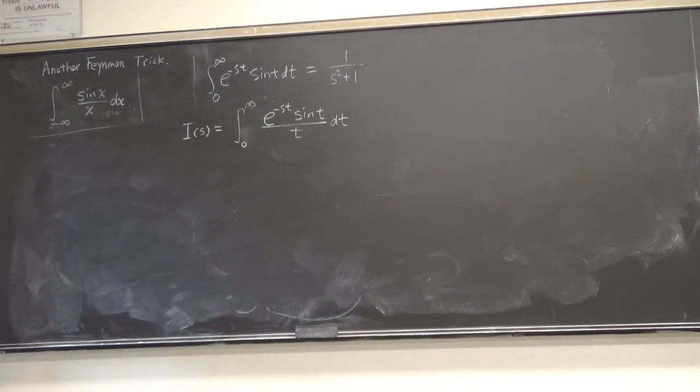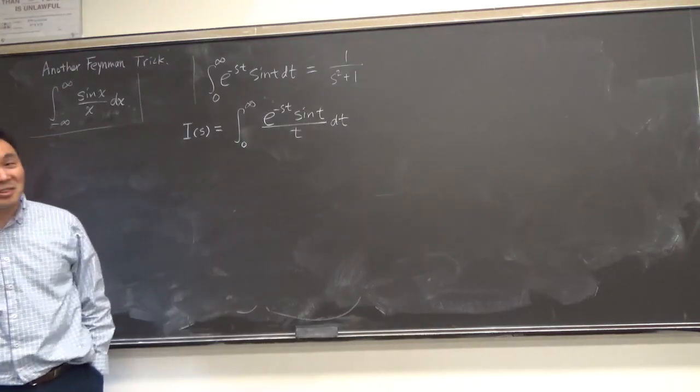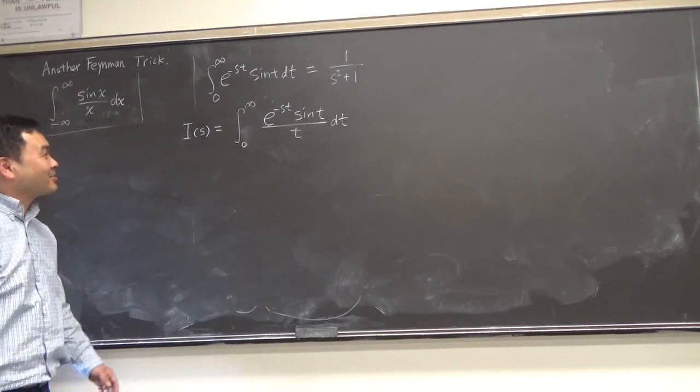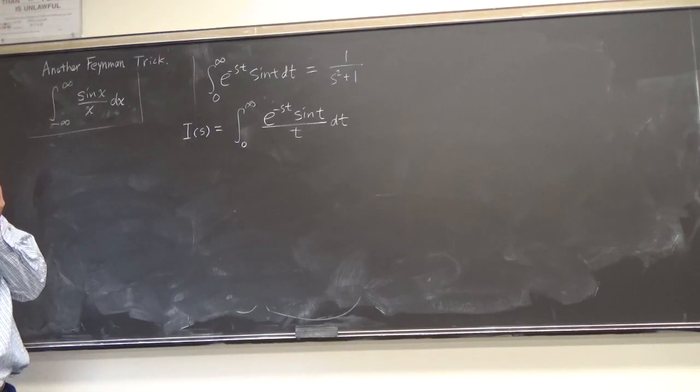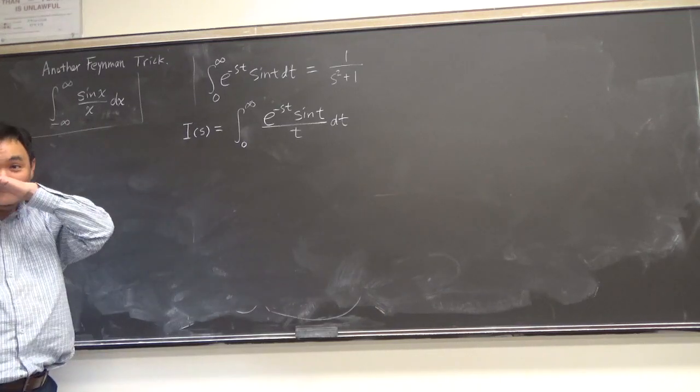I can't imagine who first thought about this. I would never be able to think this without seeing someone do it. Now, how is this one related to this one?